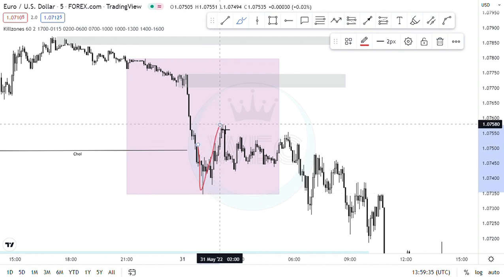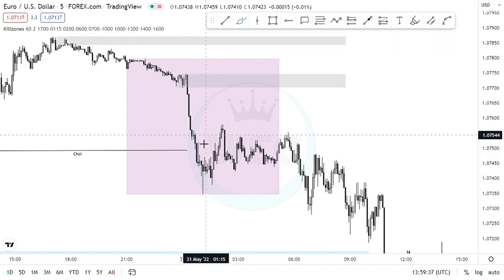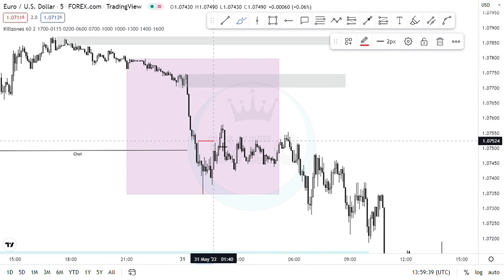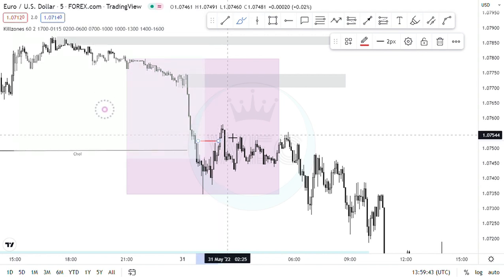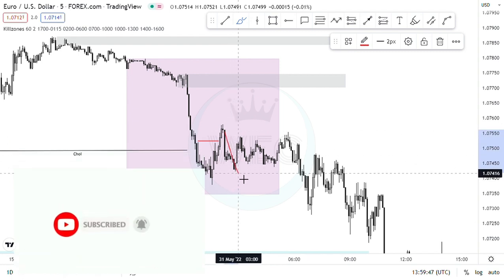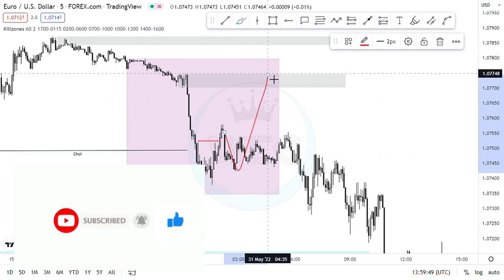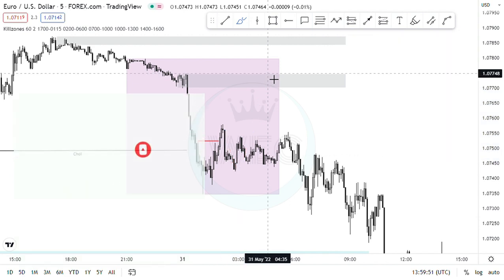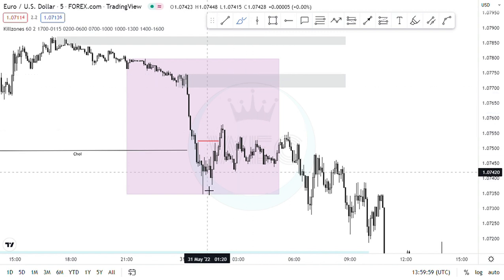So 5 minutes was bullish with this break of structure, and immediately I saw it, I was convinced that price might be coming in here, then I can look for a retracement to the upside, like I said earlier. So I had confirmations to look for a counter trade to the upside on the 15-minute time frame.